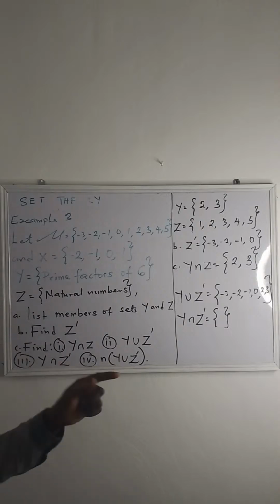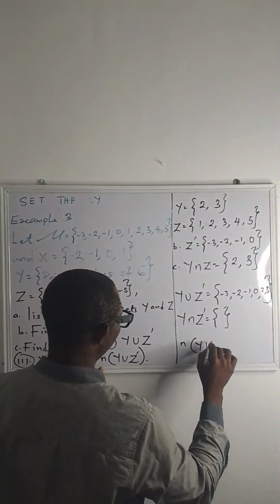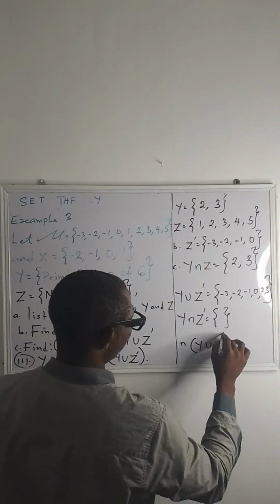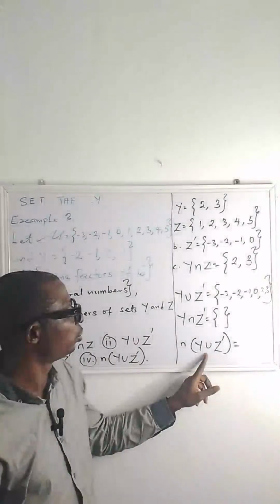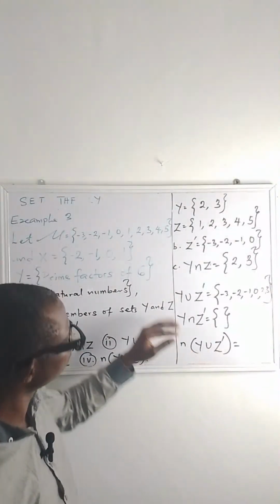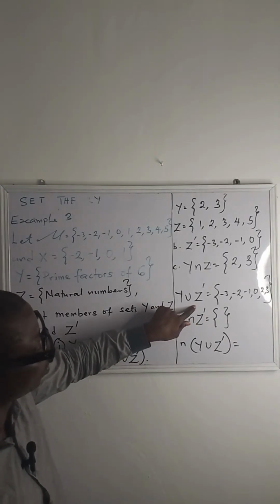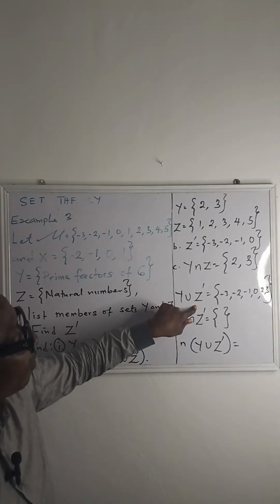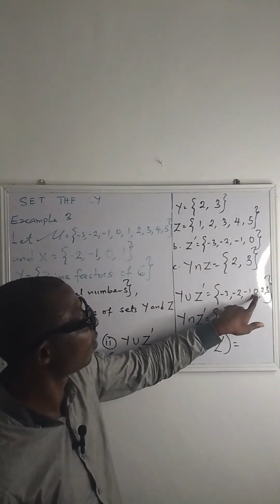Now let's look at this. Number of elements in Y union Z complement. I just need to come down to Y union Z complement. Can you see it? We've done that before. So you just make a count: 1, 2, 3, 4, 5, 6.